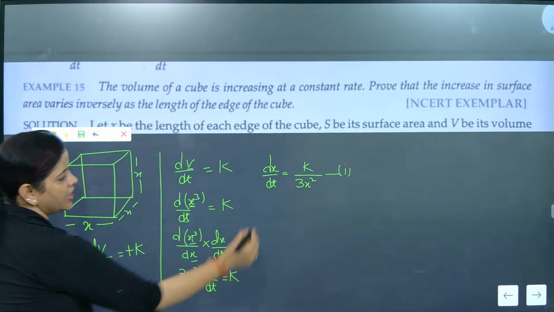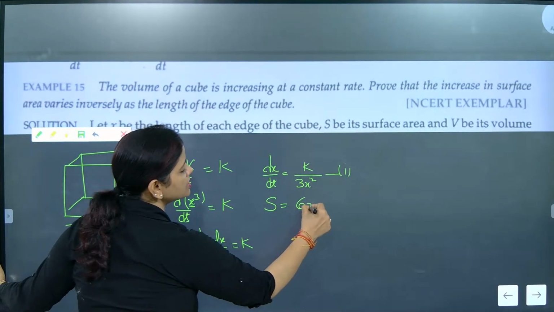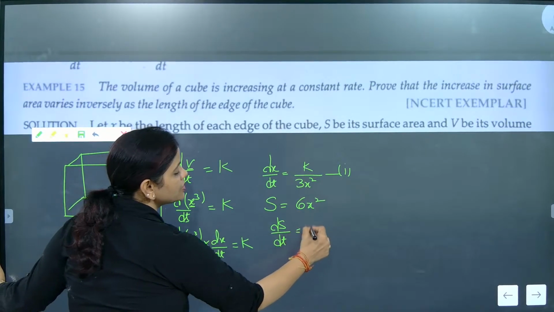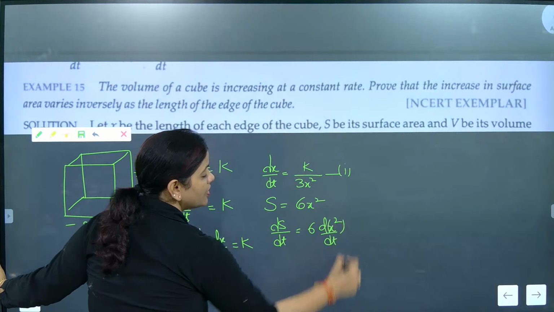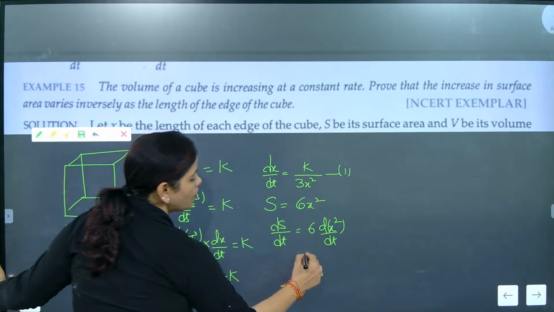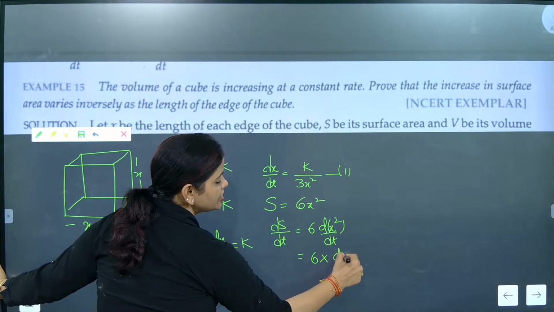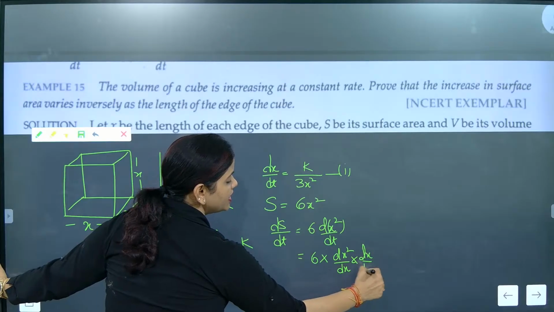Now surface area. We know the surface area of a cube is 6 into side square. Now differentiate surface area with time, beta. So 6 will be written, and here d(x square) by dt is there. But beta, x cannot be differentiated directly with respect to t. So what will we write? 6 into x square will be differentiated with respect to x, and here dx by dt will be there.